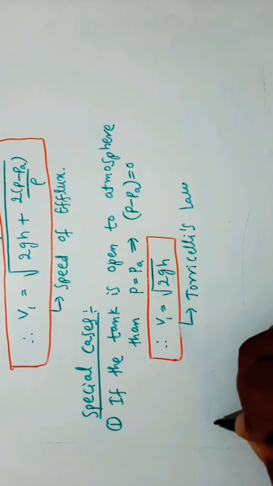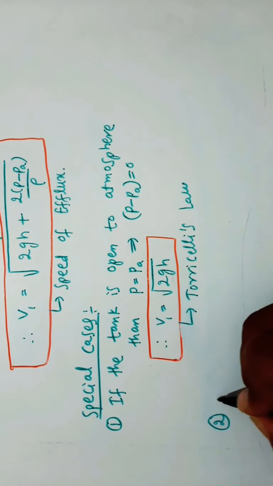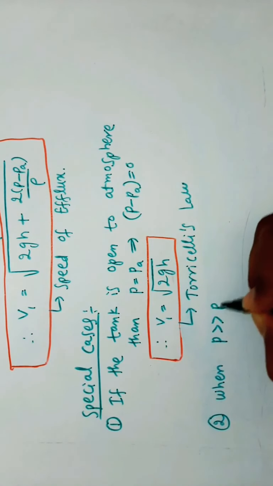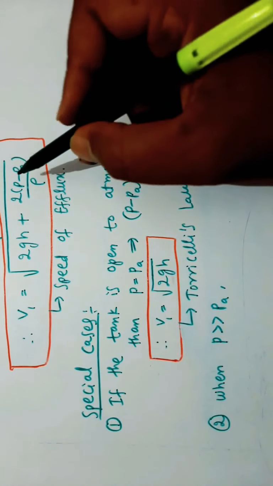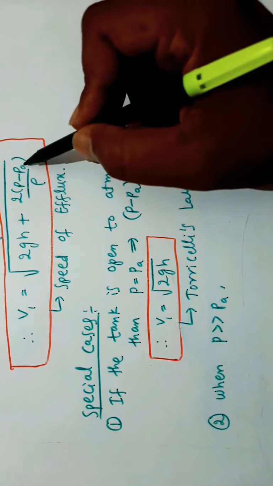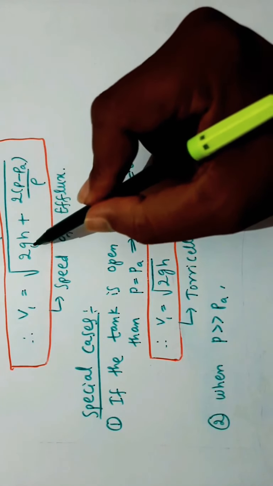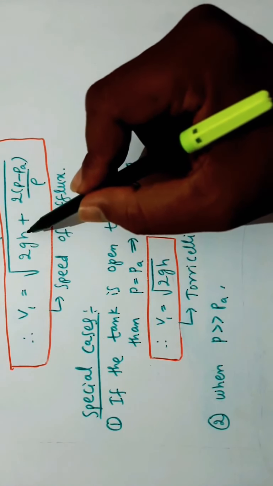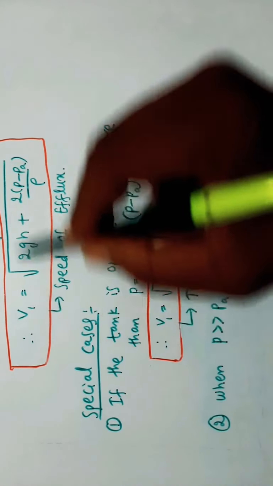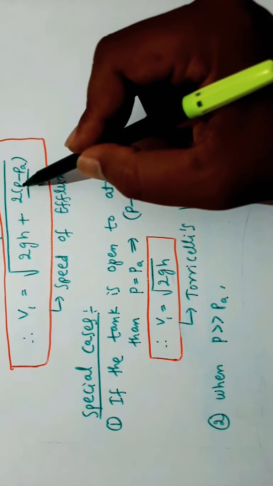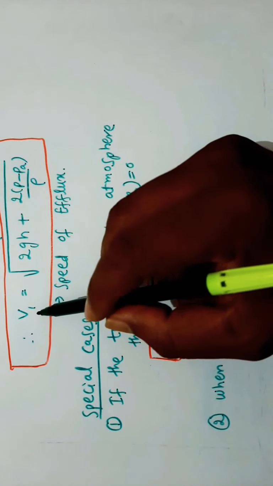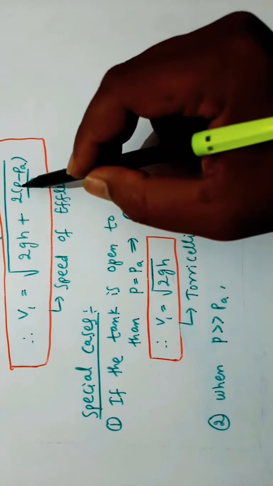See the second case, when P is very much greater than PA. So here the container pressure is very much greater than atmospheric pressure. We can neglect 2gh. So here V1 depends on P. So the speed of efflux is determined by the container pressure.